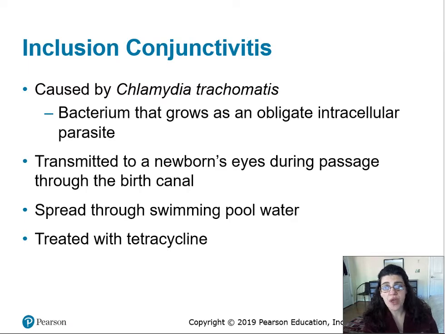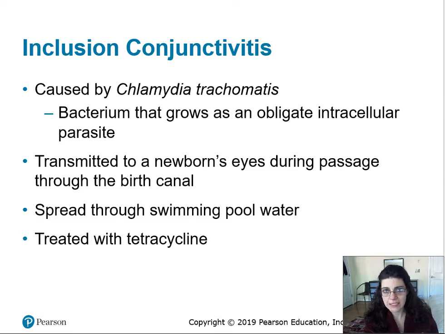They can be spread through swimming pool water, and the symptoms are usually redness of the eyes, swelling of the eyelids, and discharge of pus. It usually appears between 5 and 12 days after birth, if it's through the birth canal. About half of these newborns that have chlamydia conjunctivitis also have infection in other parts of the body, which is the dangerous part.